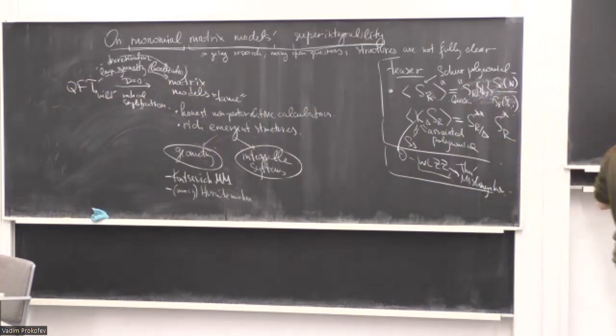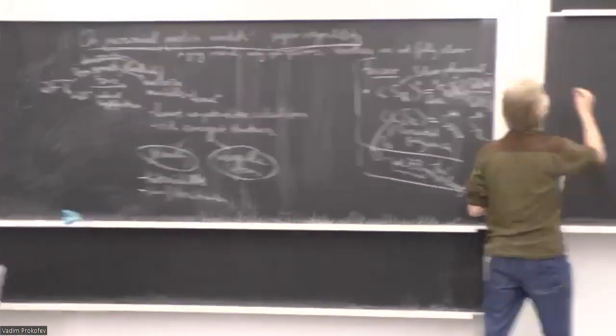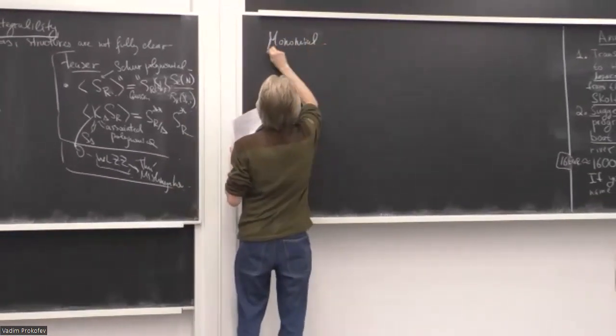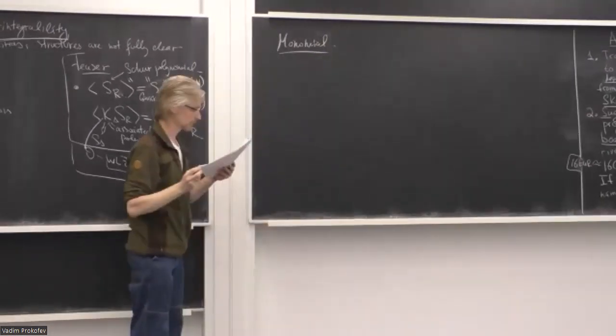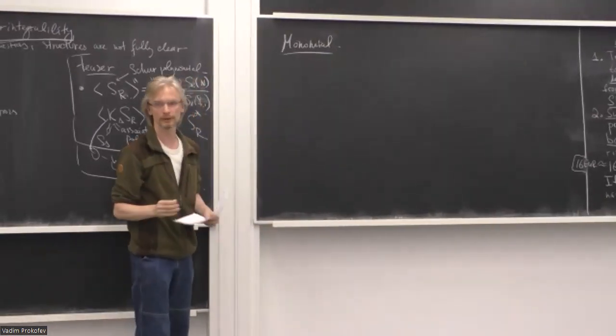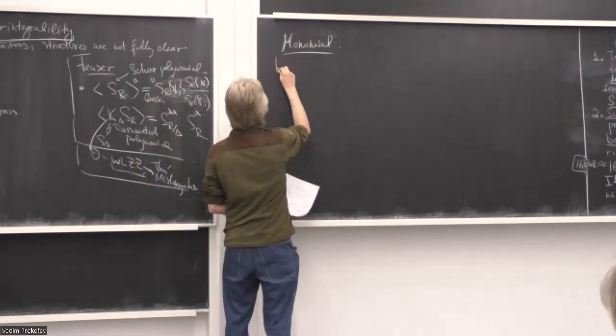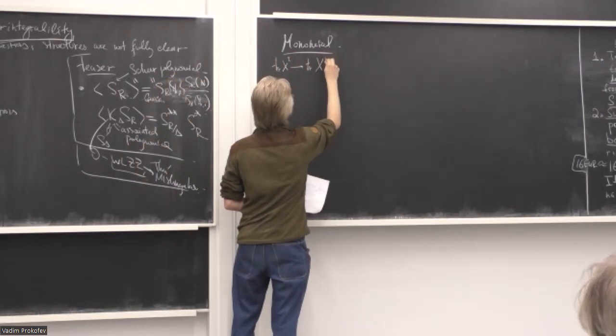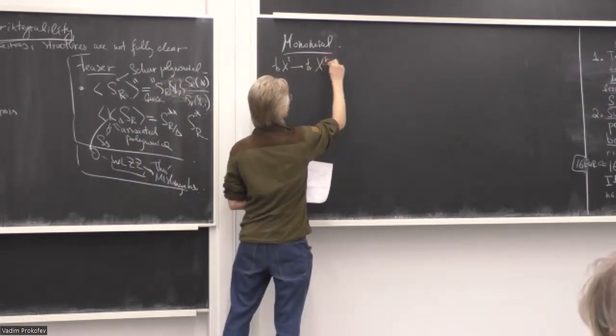So why then monomial matrix models? Very roughly, monomial matrix models are the ones where the Gaussian potential is replaced by a monomial potential, trace of x to the r.